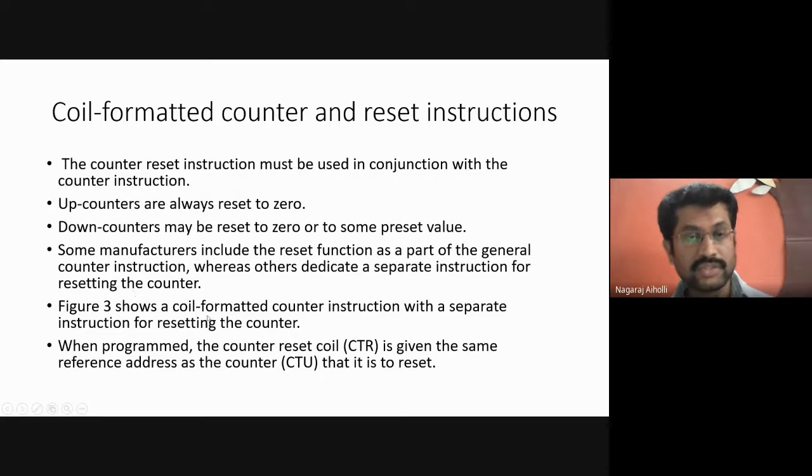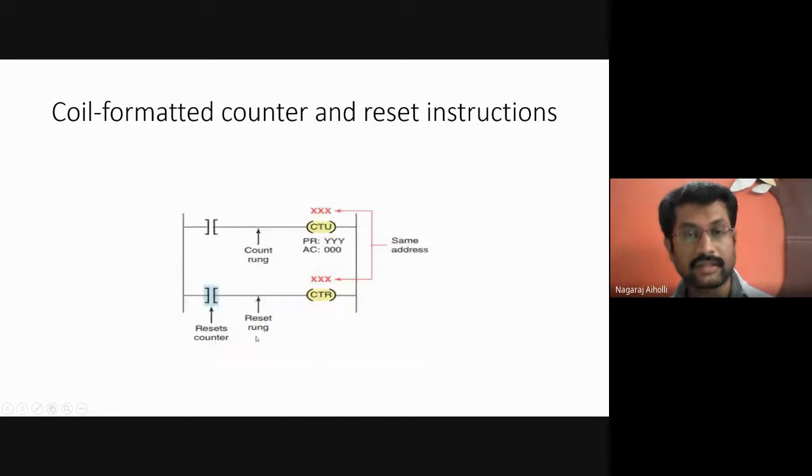The next figure shows a coil formatted counter instruction with a separate instruction for resetting the counter. As we can see here in this figure, this is ladder rung 1, rung 2.